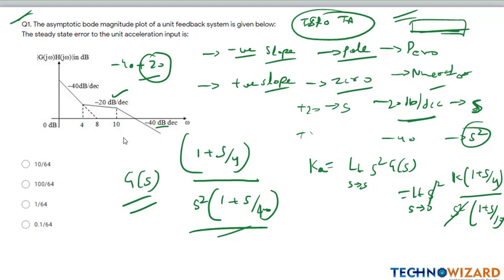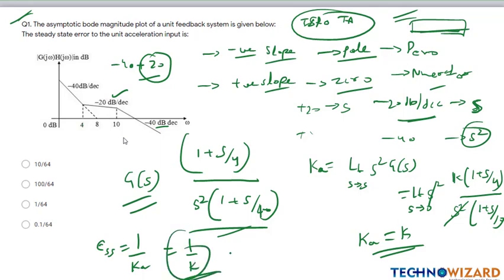S square cancels with S square, and we get Ka equal to K. Therefore, we know that ESS is equal to 1 upon Ka, which is 1 by K.